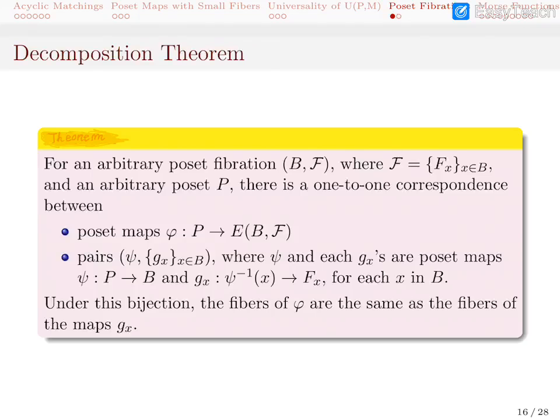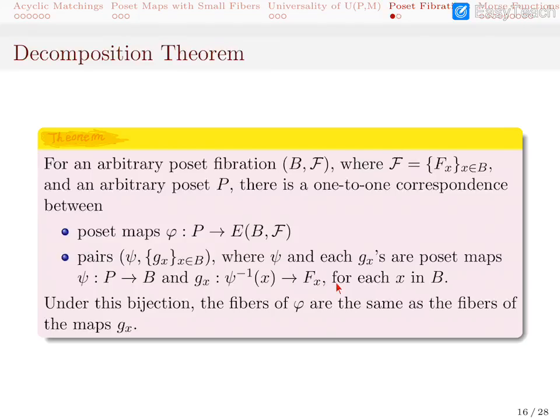Next we have another theorem, which is another universal property kind of a thing. For any poset fibration (B, F), where F is again this collection F_x of posets indexed by B, and if you are given an arbitrary poset P, then there is a one-to-one correspondence between the poset maps phi from P to E(B, F) and the pairs psi and functions G_x indexed by B, where psi and G_x are poset maps, psi is a map from P to B and G_x is a map from the fiber psi inverse of x to F_x.